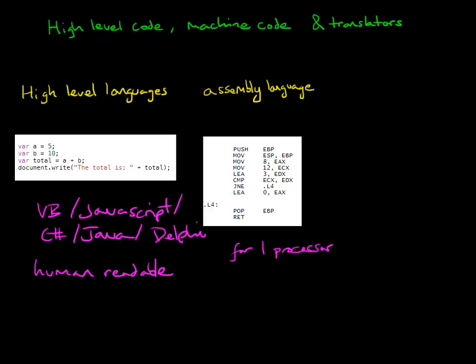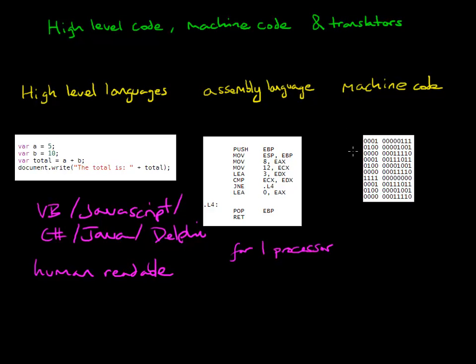What that gets translated down to is something known as machine code, which is the lowest level. And this machine code is exactly what will be in RAM. Just bear in mind these three programs don't correspond, they're not identical programs. It's just giving you an example. In this machine code I've got some opcodes, the operation codes, and I've got the data here.